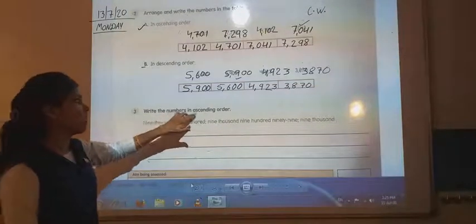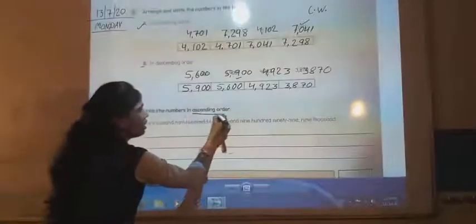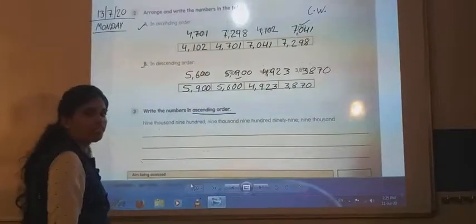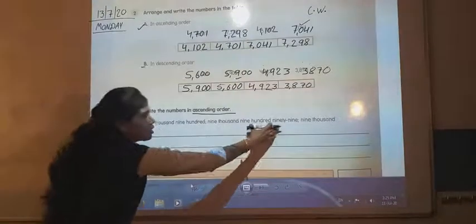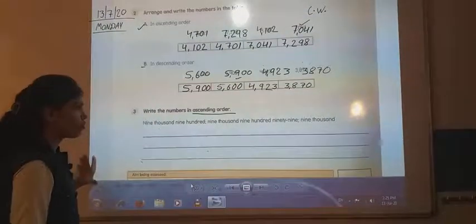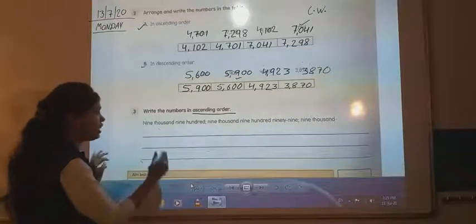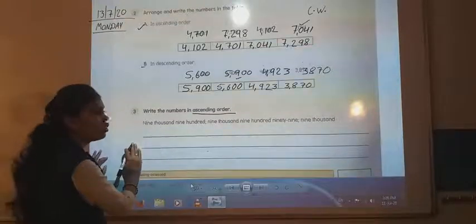Okay students, now come on to question number 3. Write the numbers in ascending order, that means smallest to largest. We have some number names here. First of all we will write them in numerals.